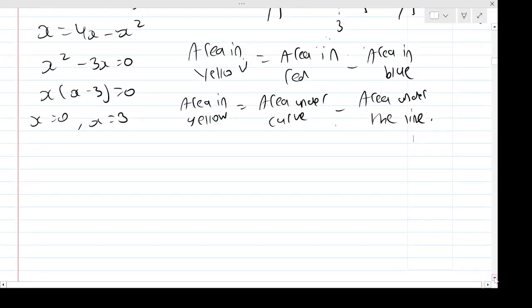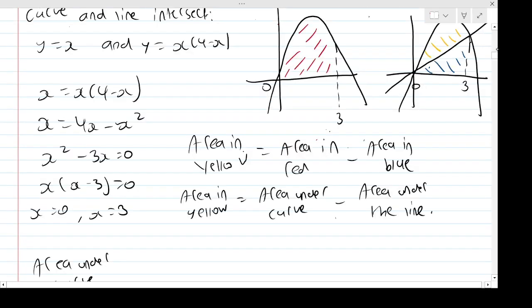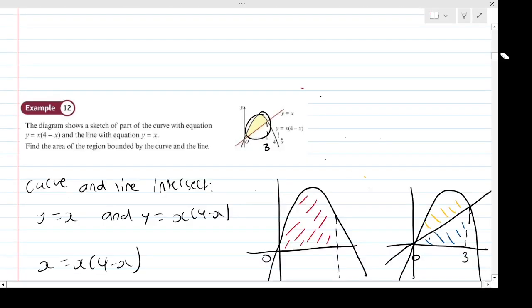Firstly, the area under the curve. That's the curve here, the area in red, the area just under the curve as a whole. So this whole area in there.